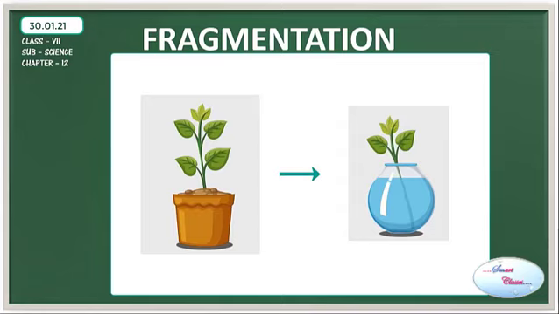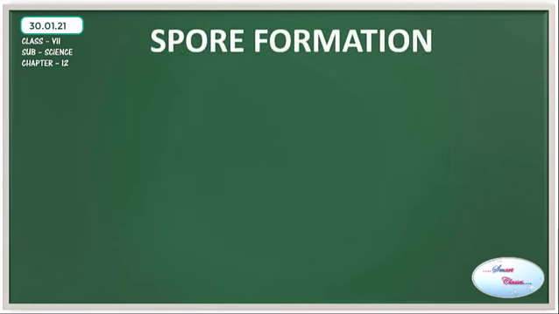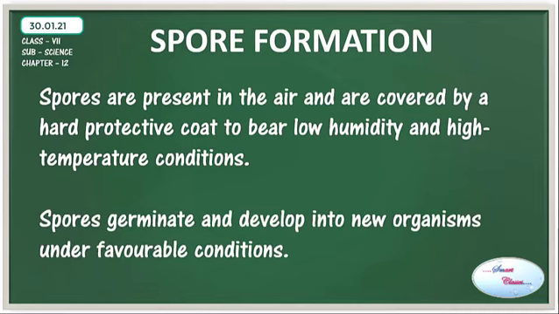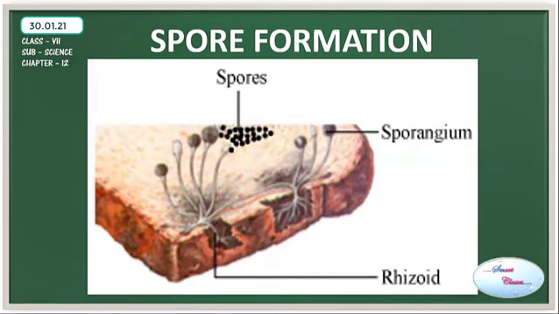Then comes spore formation. Spores are present in the air and are covered by a hard protective coat to bear low humidity and high temperature conditions. Spores germinate and develop into new organisms under favorable conditions. You may observe spores in a cotton-like mesh on the bread.